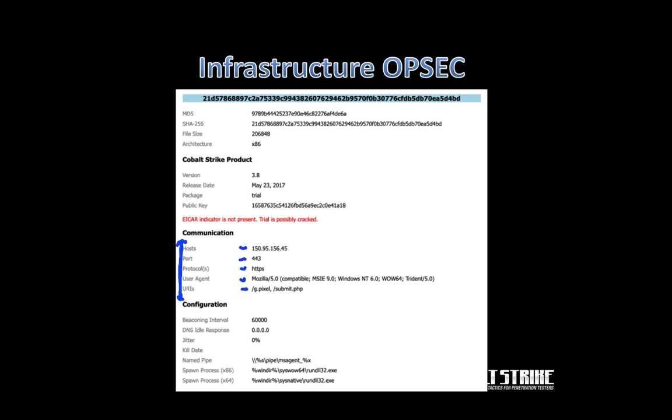Other information about your beacon is in the payload as well. For example, the default spawn-to processes for temporary jobs are embedded in your beacon payload as well. Your sleep interval is there. Your DNS idle response is there.